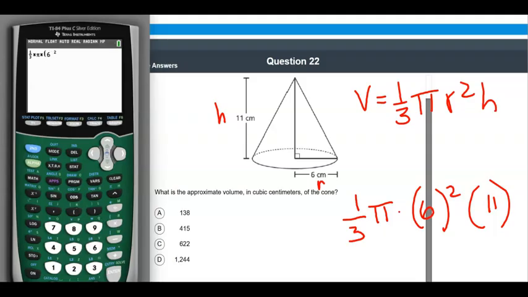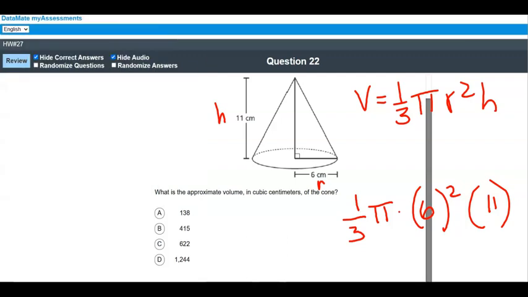Parentheses 6 parentheses squared. And then we need times 11. And when I press enter, I get 414.69. But they're asking us to round to the nearest cubic centimeter, or whole number. So that means it's 415.